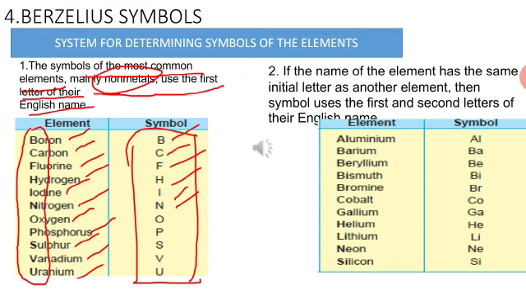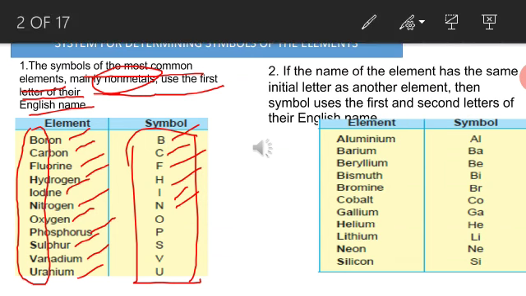Next, the second rule: if the name of an element has the same initial letter as another element, then the symbol uses the second letter of the English name. Suppose the first letter is shared by 3 elements, what will we do? You see, aluminium, Al.